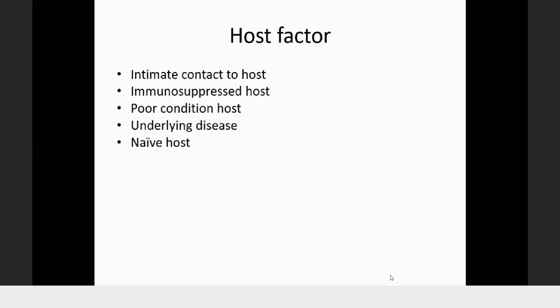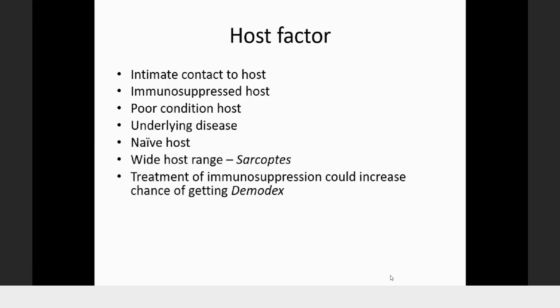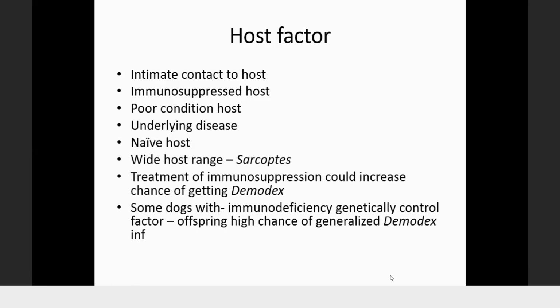And then animals, for example, animals in a farm that have this manifestation can also spread it further. And then the young are the most likely to be affected and easily affected by the disease. And then immunosuppression is a risk, as I mentioned before. Some dogs with genetically inherited immunodeficiency also have a high chance of getting generalized infection.